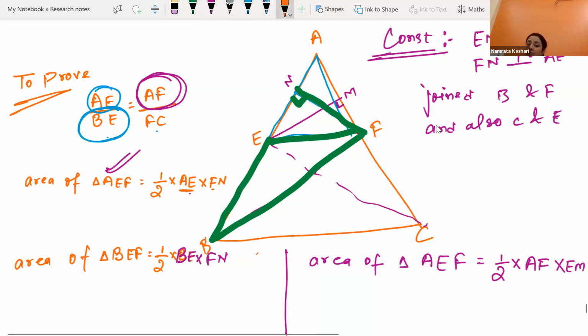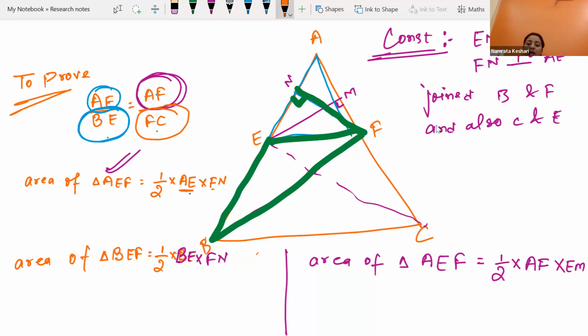Now we will go back to our proof part and see what is left. Then we can see here in the denominator FC is there. Again we will ask ourselves which triangle we can take where FC is the base.